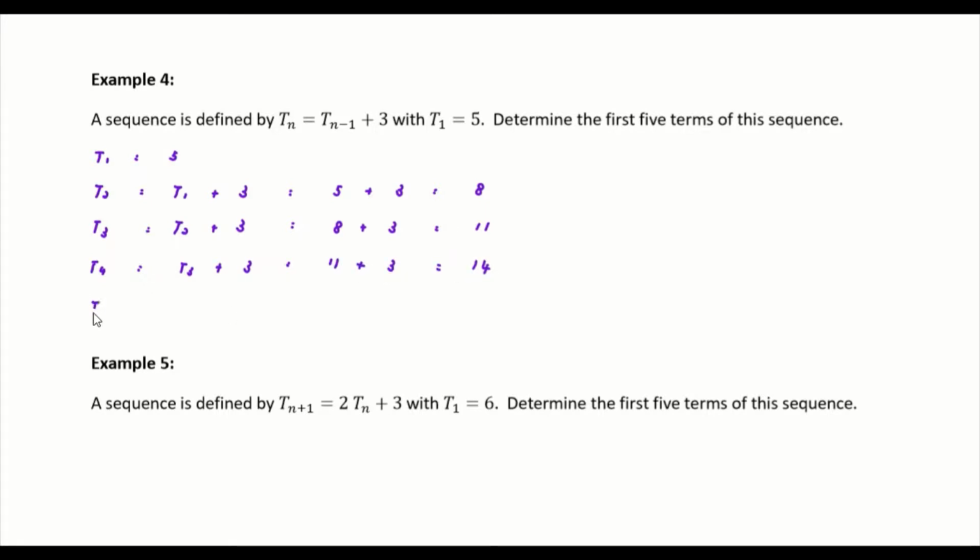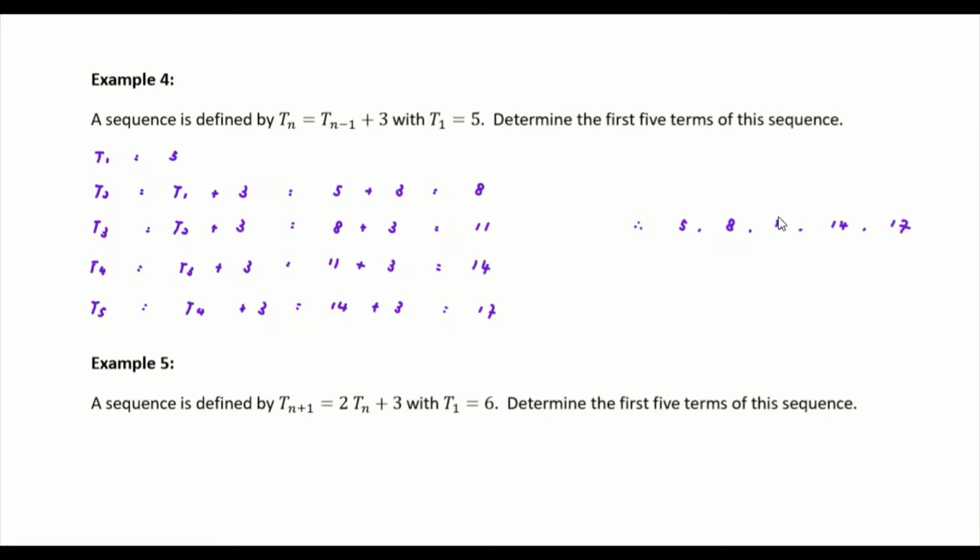The last one, T5: we use the fourth term plus 3, which is 14 plus 3, so that gives us 17. So the first 5 terms of the sequence are 5, 8, 11, 14, and 17. You can realize here that the difference is constant, which is 3.